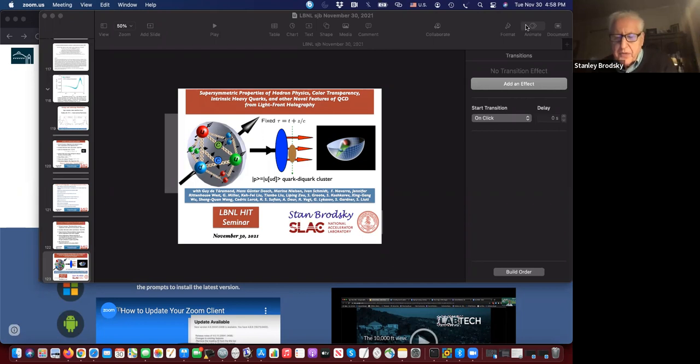If there's no L=1, then you immediately go to complete color transparency. But the proton's more complicated than we think. It makes it fun.